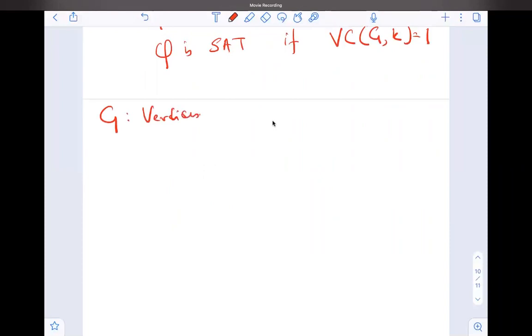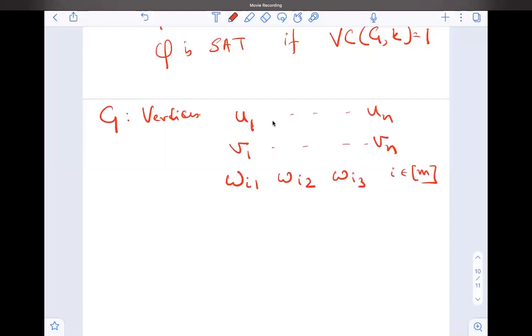My vertices are U1 to Un and V1 to Vn. And I have another set, which is Wi1, Wi2, Wi3 for i going from 1 to m.